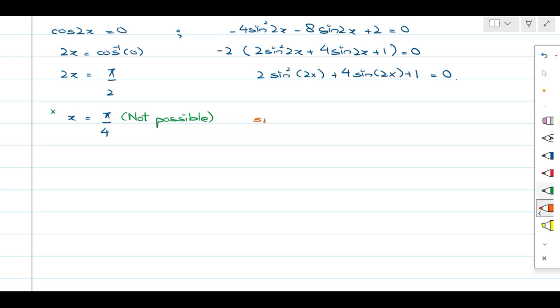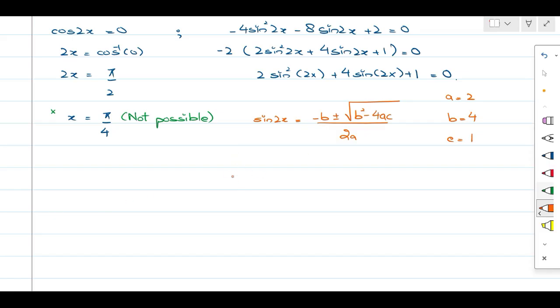So here we can say sine of 2x. We apply the quadratic formula on sine 2x: minus b plus minus square root of b square minus 4ac, divided by 2a. So what are a, b and c? A is the coefficient of sine square 2x, b is the coefficient of sine 2x, and c is the constant term which is 1.